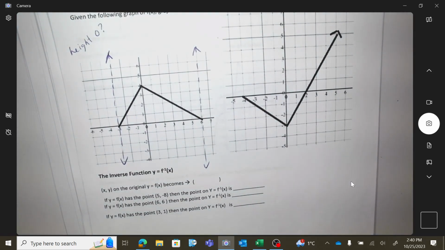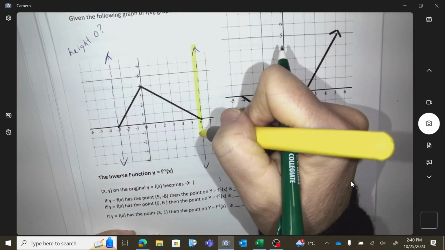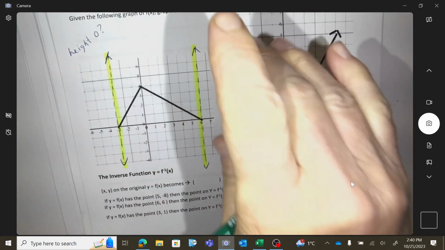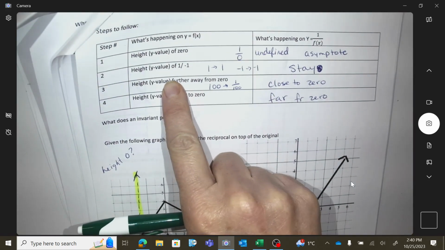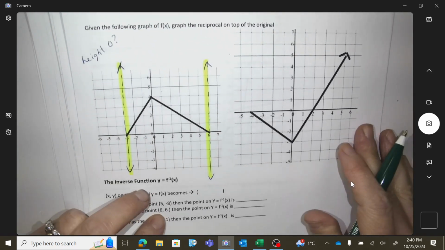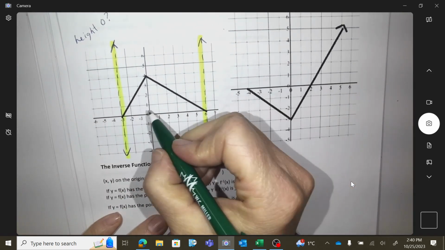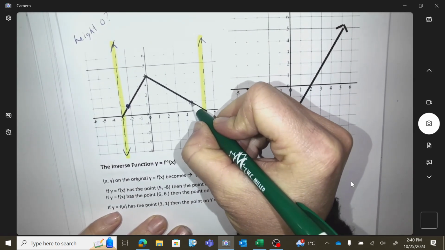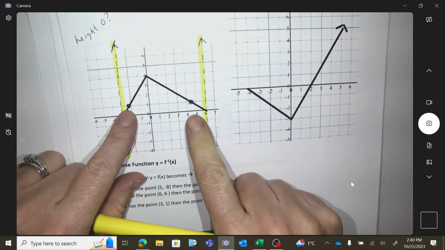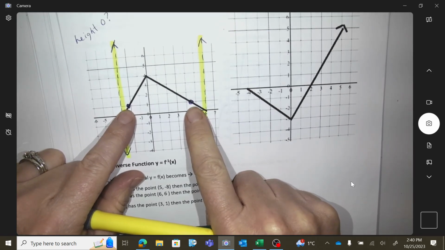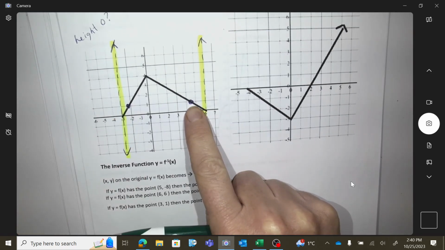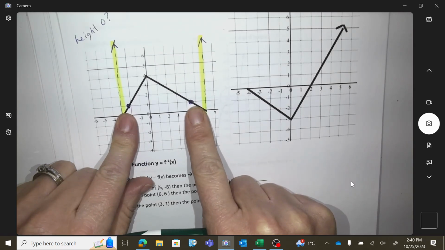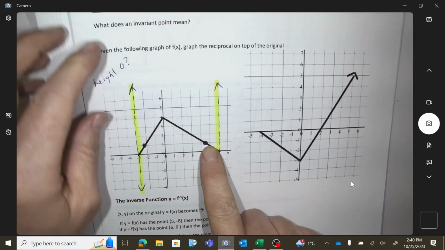I'm just going to draw this in yellow so you can really see it. Now I go to number 2. Where do I see heights of 1 or negative 1? And then they stay. So where do I see a height of 1? I see 2 places. So those coordinates stay. And I'm not sure if you're going to run into this word.